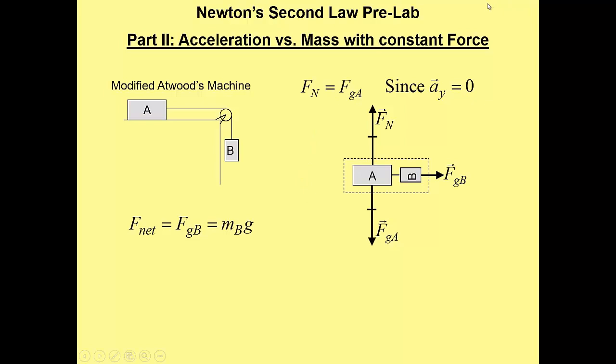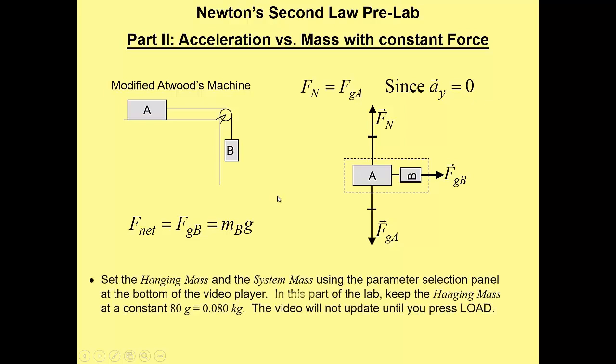Now in this half of the lab, we want to keep that constant. So if we don't want to change the force, we can't change the hanging mass. So we're going to pick a hanging mass and stick with it throughout this entire part of the lab. If you remember in part 1, you changed the hanging mass to change the force. You kept the system mass constant. So we're going to do the opposite thing here.